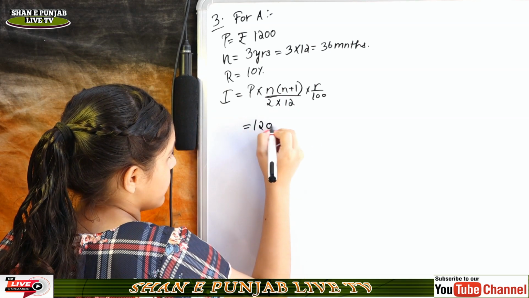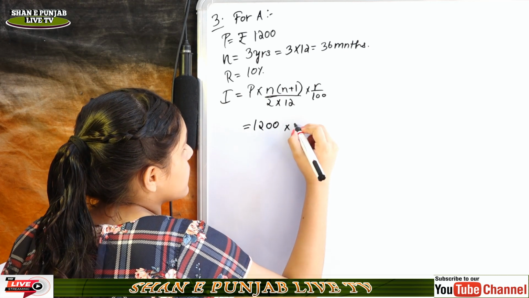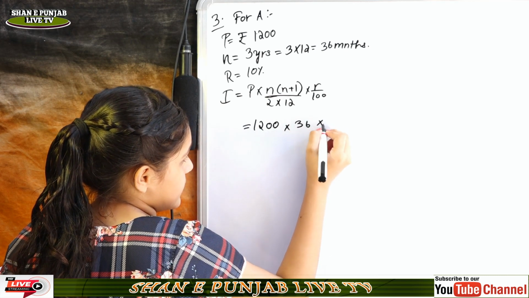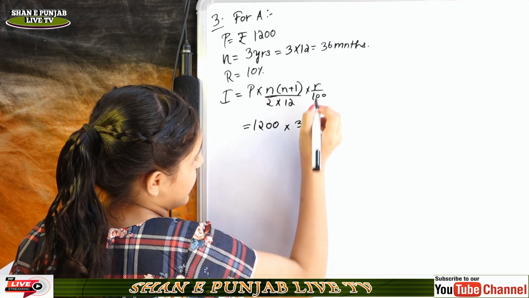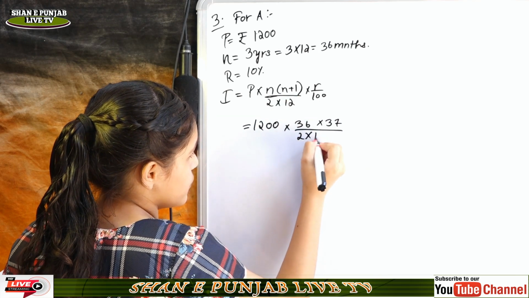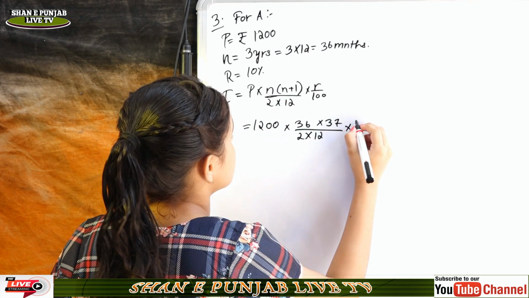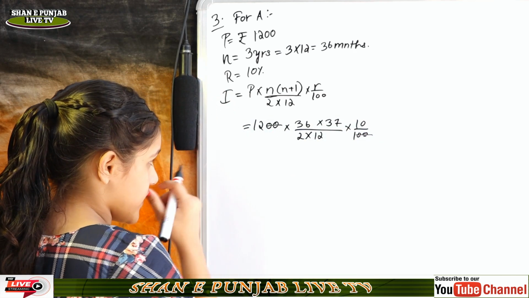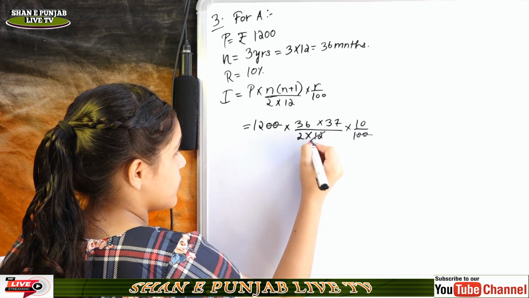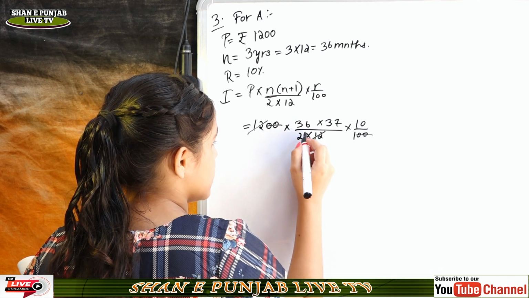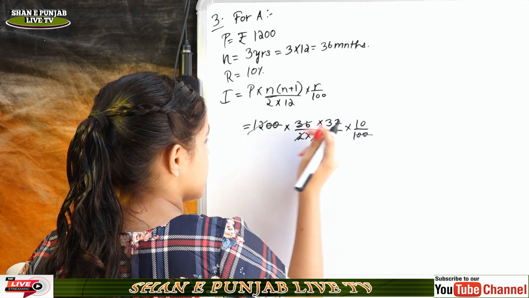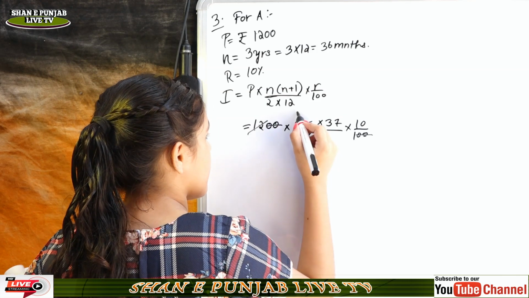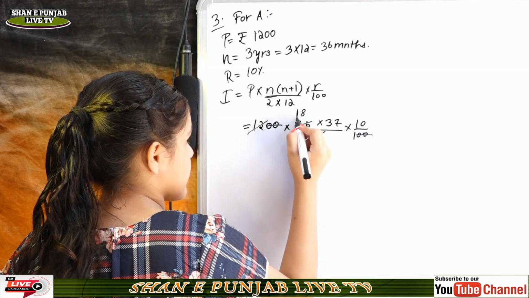P here is 1200 into 36 into 37, that is N plus 1, 2 into 12 into 10 by 100, zeros cut by zeros, 12 with 12, 2 ones are 2, 36, 18s are 36.